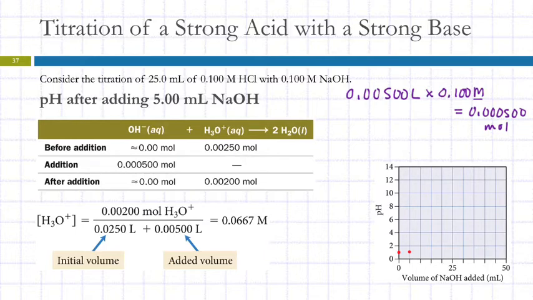And then you get the pH would be the negative log of 0.0667. So the pH is 1.176. Any questions?